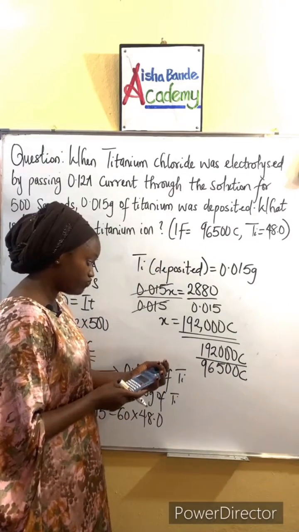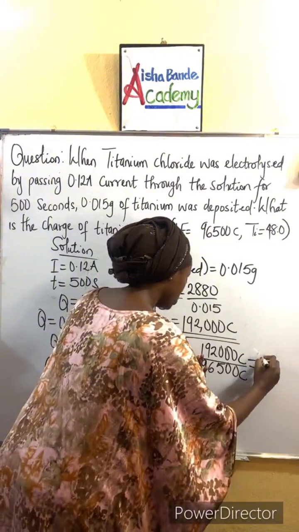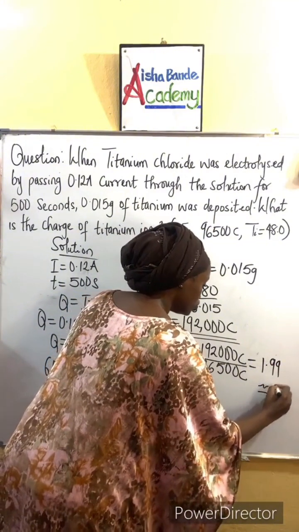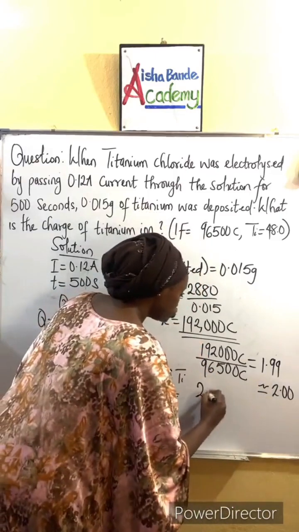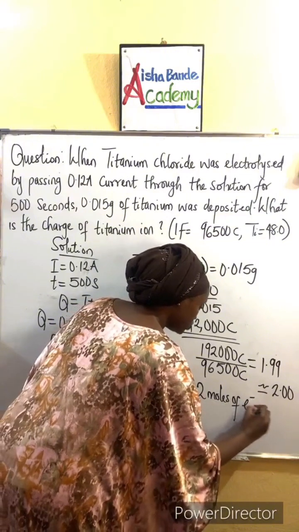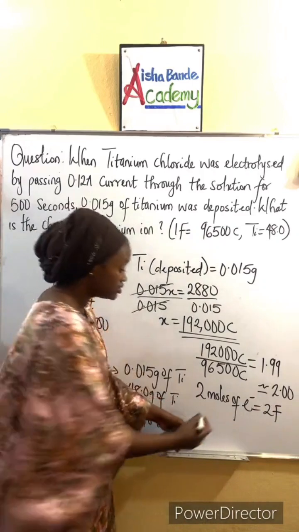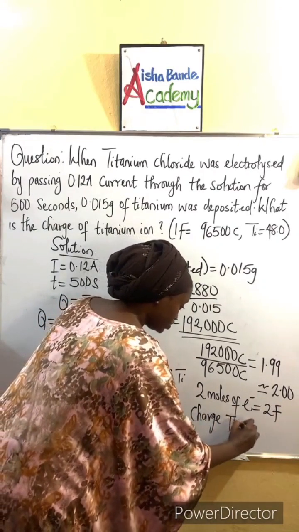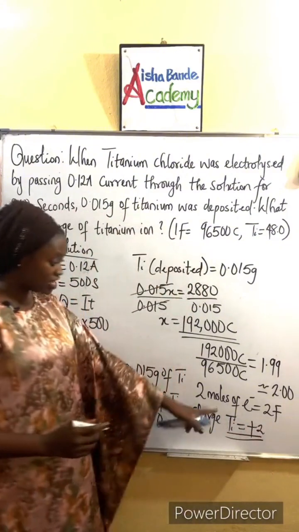So we are going to divide through, and this gives us a value which is equal to 2 decimal places give us 1.99, and we can approximate this to 2.00. This means that 2 moles of e minus is equal to 2 Faraday, and this implies that the charge on titanium ion is equal to +2. So this is the final answer.